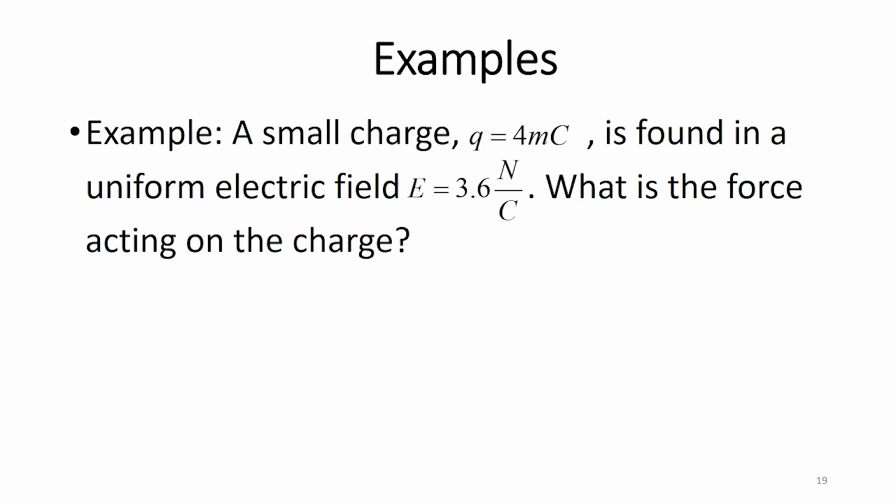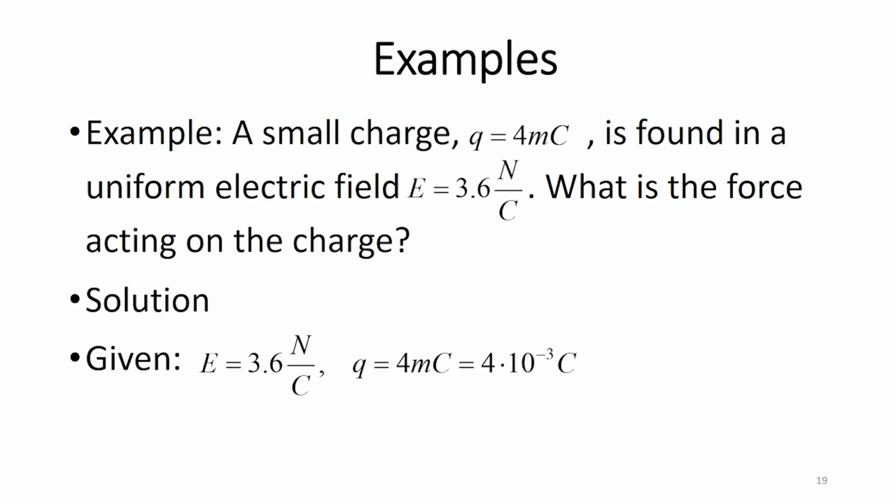Another example: a small charge Q equals 4 millicoulomb is found in a uniform electric field E equals 3.6 newton per coulomb. What is the force acting on the charge? Given E equals 3.6 newton per coulomb, Q equals 4 millicoulomb, which is 4 times 10 to the power of minus 3 coulomb.